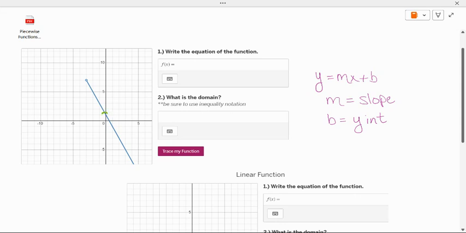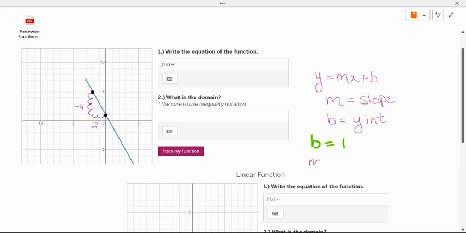So when I look at this graph, I see that my y-intercept is +1. Now I'm going to count my slope. Remember, your slope is rise over run. If your line slants downwards, that means your slope is negative. So I go down 1, 2, 3, 4, and I run to the right 2.